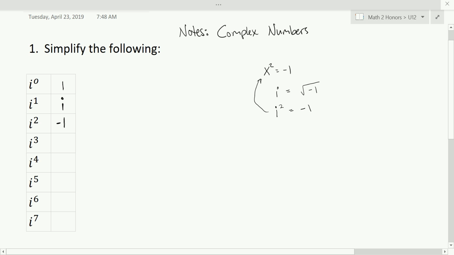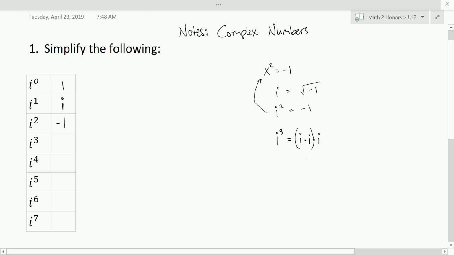Okay, how about i to the 3rd? Any idea? What do you think, Elijah? Why? So i to the 3rd is i times i times i, right? That's what i to the 3rd means. What's i times i?